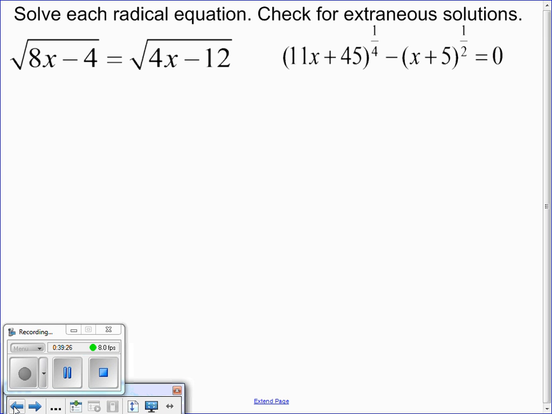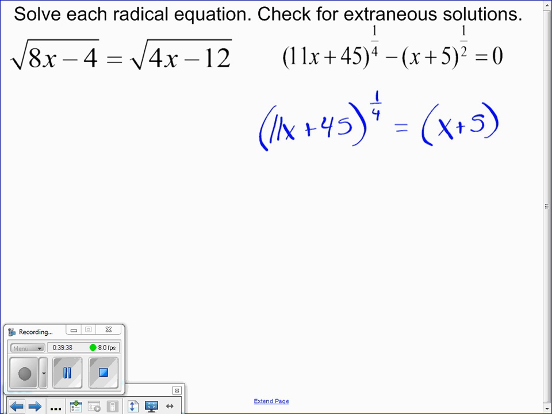So first thing we want to do is take this and move it to the other side. So we're going to have 11x plus 45 to the 1/4 equals x plus 5 to the 1/2. All I did was move it over.